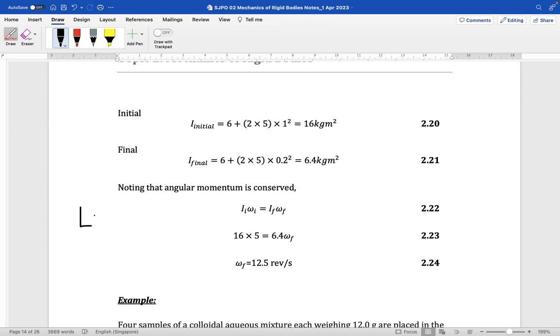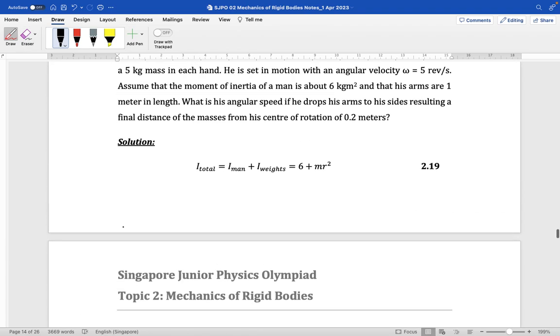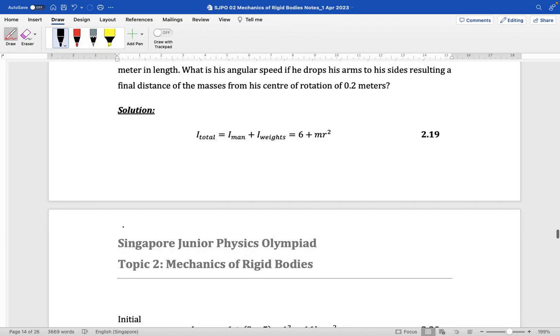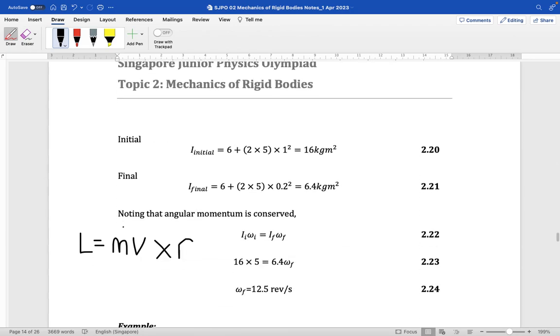L equals m v cross r. M is a constant because he didn't drop the mass. He just held on to it and then he moved it closer to his sides. So if your radius decreases, your velocity will start to increase.